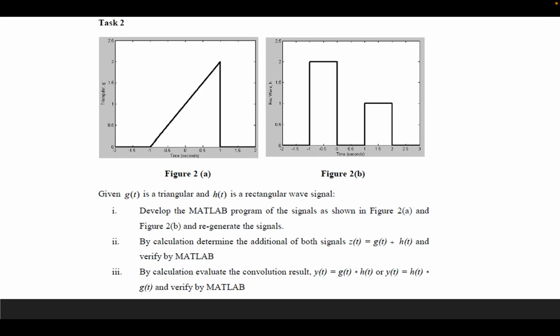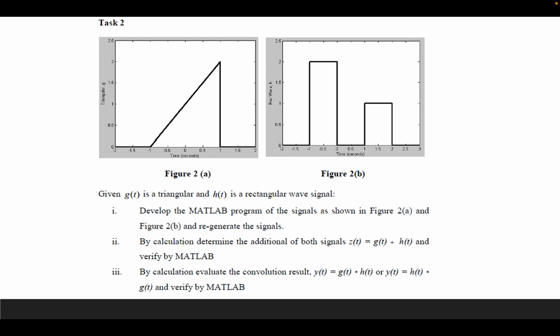So next, this is task 2, Figure 2a and Figure 2b. As we can see, given g(t) is a triangular and h(t) is a rectangular wave signal. First, develop the MATLAB program of the signals as shown in Figure 2a and Figure 2b and regenerate the signals. 2.